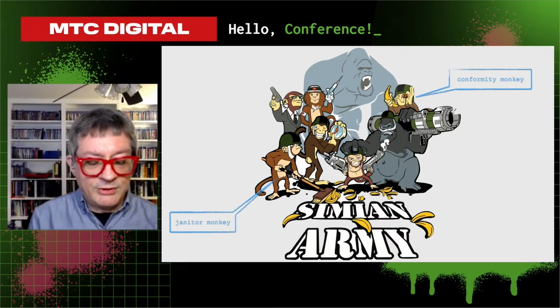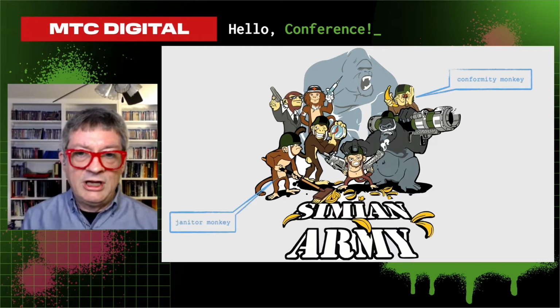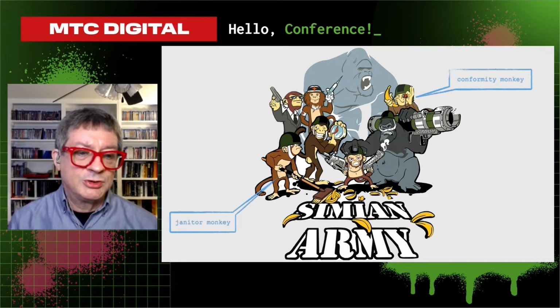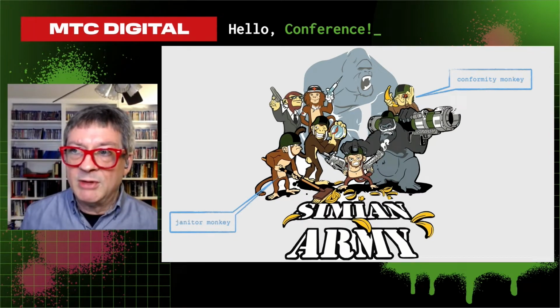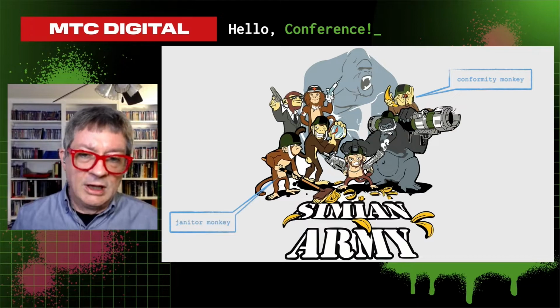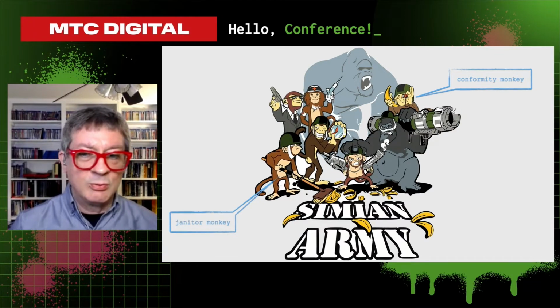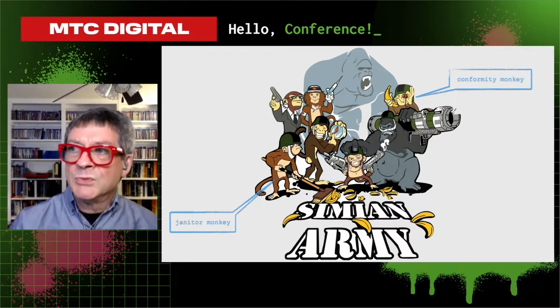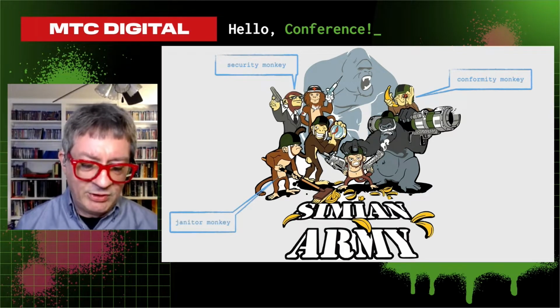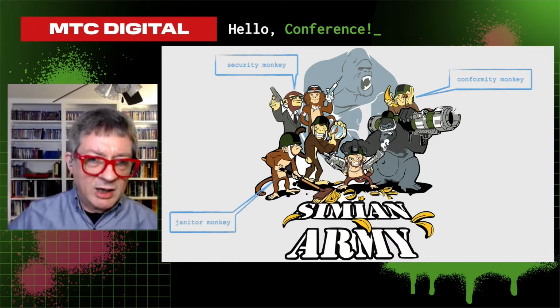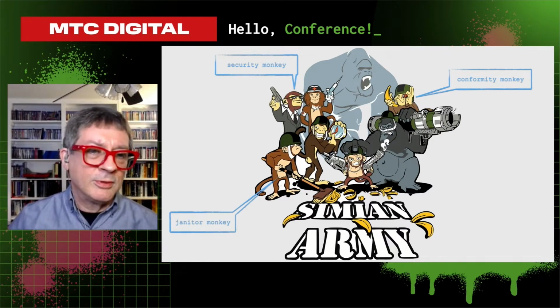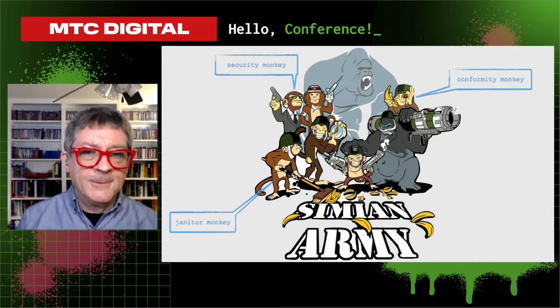So let's say, for example, that you decided that every service should respond to RESTful verbs with some reasonable value. You could write that into the conformity monkey to make sure that every service responds in some way to every RESTful verb. The security monkey is another great example of this. This is making sure that developers haven't left debug ports on or other security vulnerabilities.